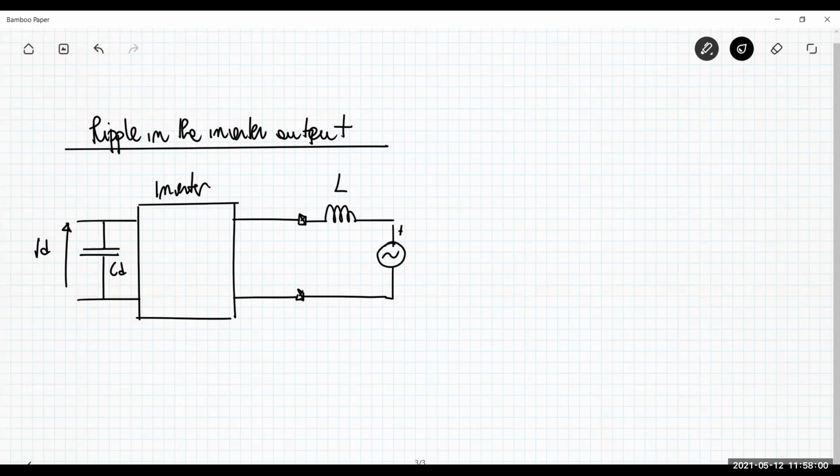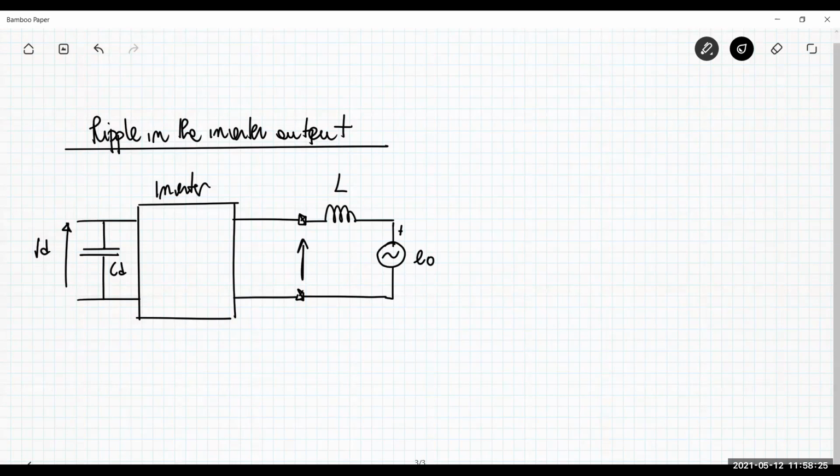The back EMF, of course, now for an AC motor is a sine wave. It is no more a DC quantity. It is a sine wave having a component at the frequency F1 I want to obtain at the output of my inverter.